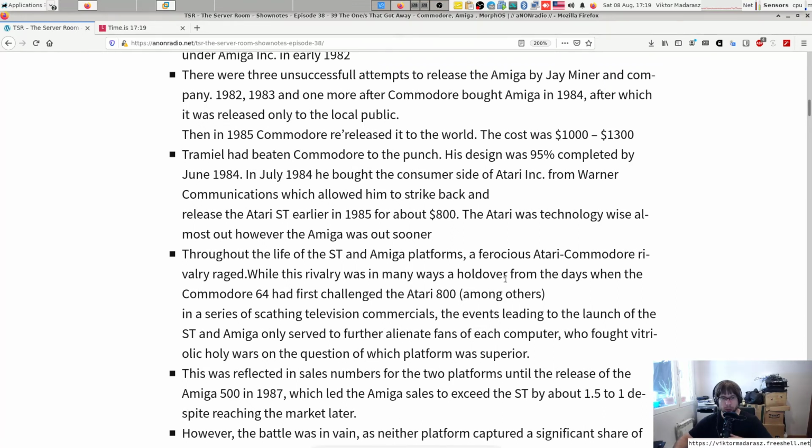While this rivalry was in many ways a holdover from the days when the Commodore 64 had first challenged the Atari 800, among others, in a series of sketching television commercials, the events leading to the launch of the ST and Amiga only served to further alienate fans of each computer, who fought vitriolic holy wars on the question of which platform was superior.